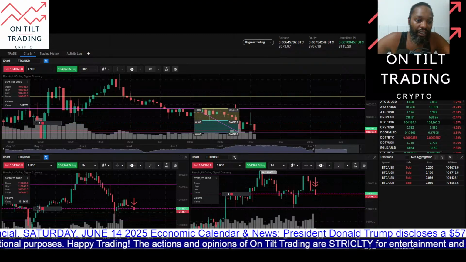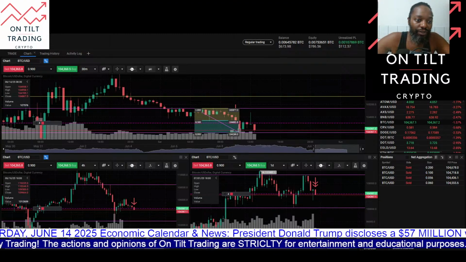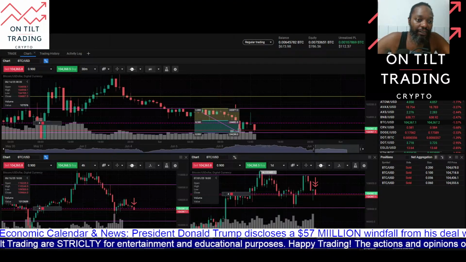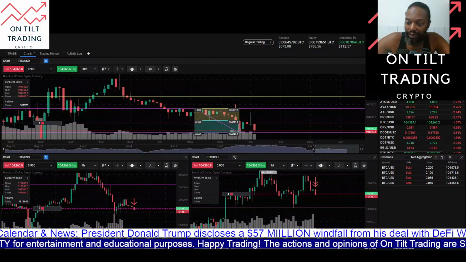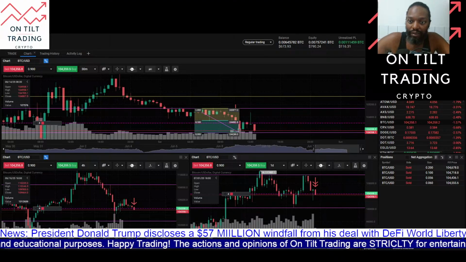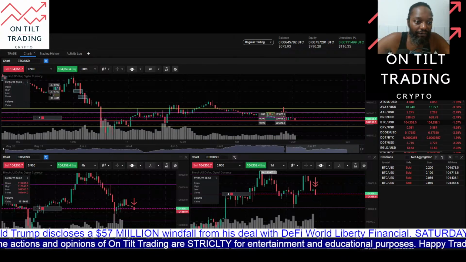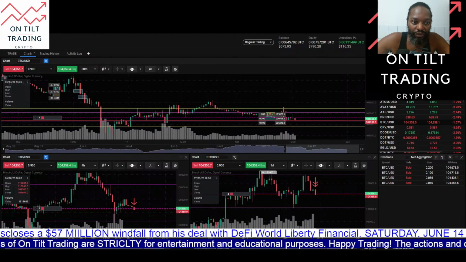I was in a trade here on the 30-minute chart, this trade right here, and had some bias for a long trade because I was targeting these fair value gaps here, even though I don't know if I should or not.